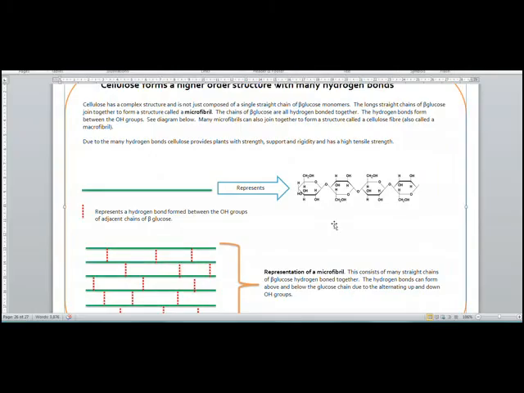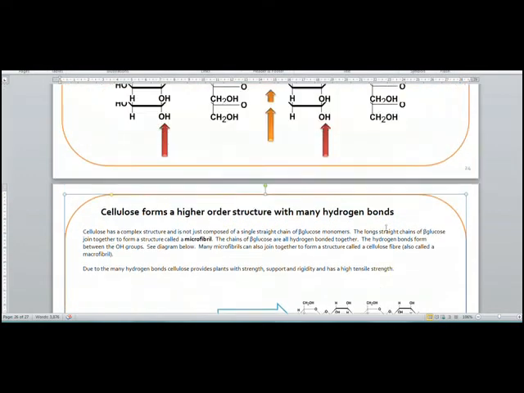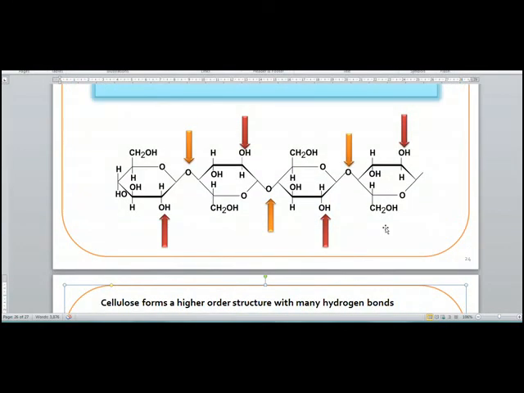If I just pull the notes up that are on the app, this is the diagram I've put in of cellulose to start with. In this diagram, I've decided to use detailed images of the beta-glucose monomer that makes up cellulose.